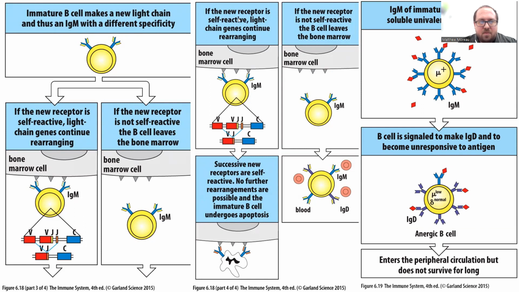So as the immature B cell makes the new light chain, if the new light chain is now self-reactive, again, you can continuously keep disengaging from those antigens and try to undergo rearrangements.